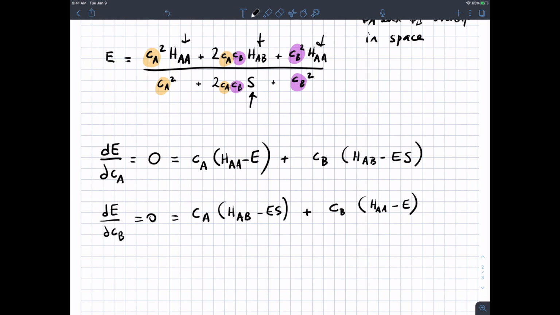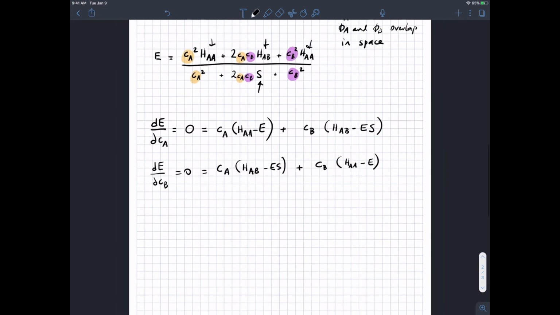Okay. 2 equations, 2 unknowns. At this point, we can solve it any way we like, by algebra. It just so happens that a convenient way to do that, at least for the people that write these texts, is to write it in matrix form.